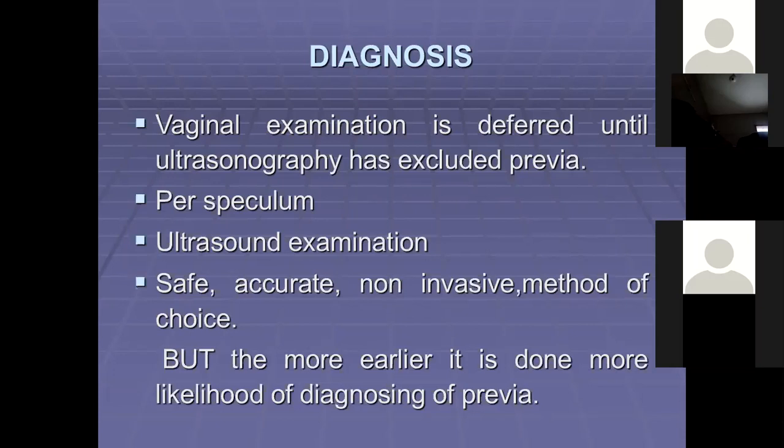Once the ultrasound confirms that the placenta is low lying, then we go for a per speculum examination just to see how much the patient is bleeding. So per speculum examination we will do after the first-sight ultrasound examination. Ultrasound is a safe, accurate, non-invasive method of choice, and the earlier it is done, the more likelihood of diagnosing previa.